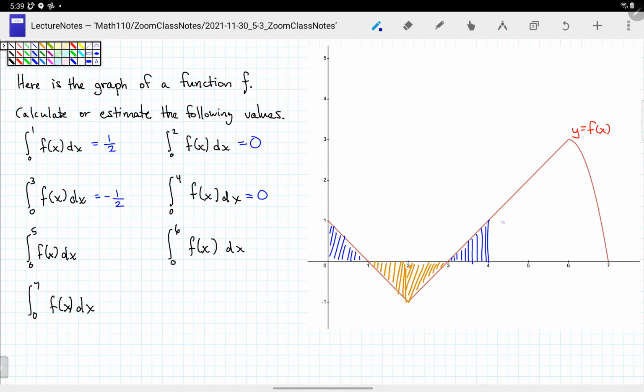From 4 to 5, we have a trapezoid. The full area from 0 to 4 is 0, so it's basically the same as the area from 4 to 5, and that should be 1.5. You can see that there's a 1x1 square plus a triangle, which is half of a 1x1 square, so this is going to be 1.5. Now 5 to 6 is another trapezoid.